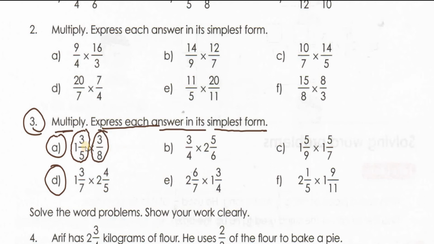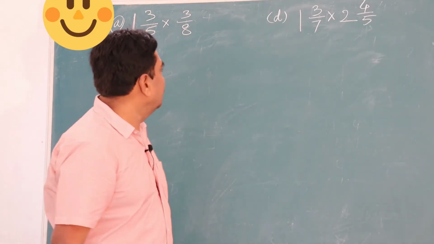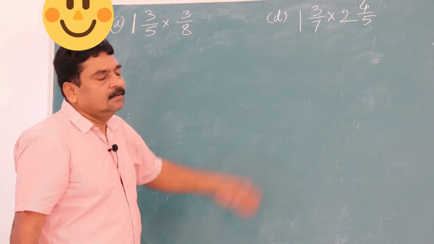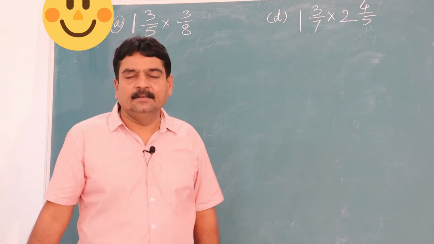You have two values, one in mixed number form and another a fraction. Whatever the mixed number is, you have to convert it. One is this one, A, and as I told you, I will do D also. So D is copied there.